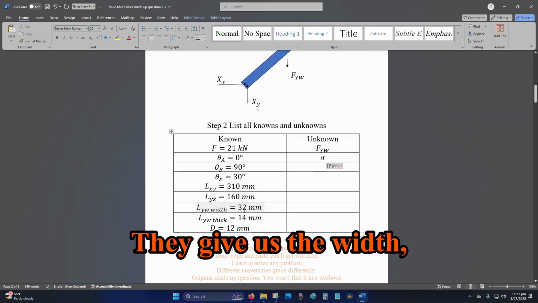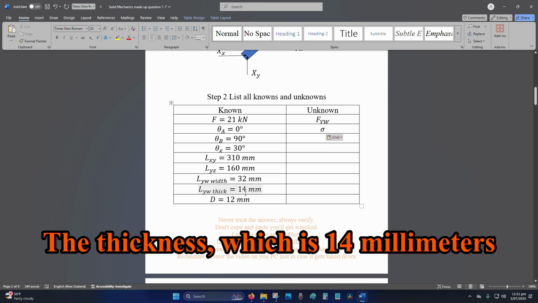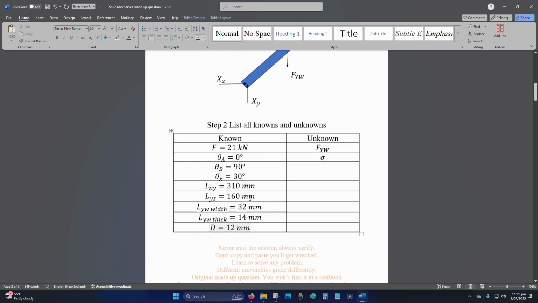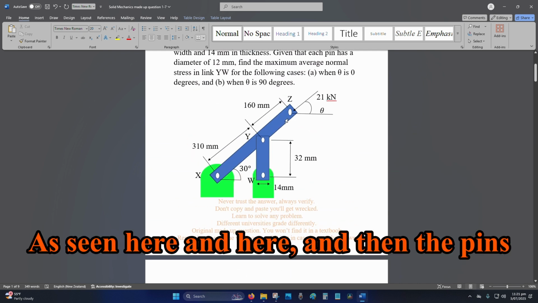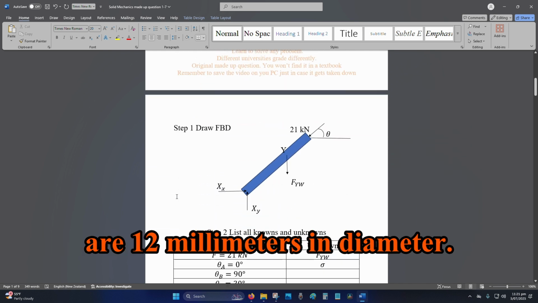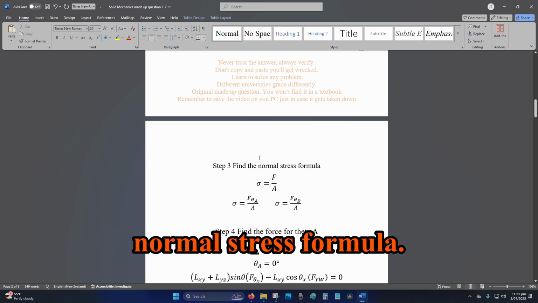They give us the width, which is 32 millimeters, the thickness, which is 14 millimeters, and the diameter, which is 12 millimeters, as seen here and here, and then the pins are 12 millimeters in diameter.